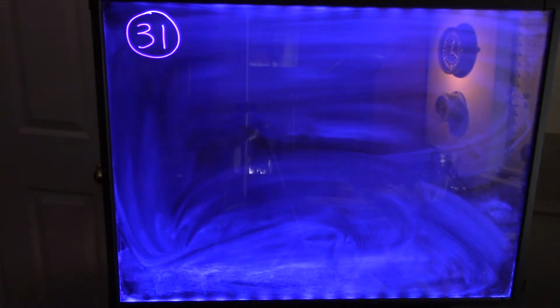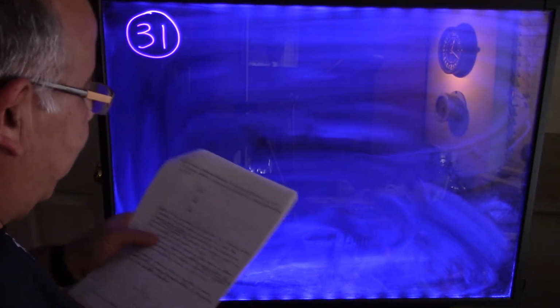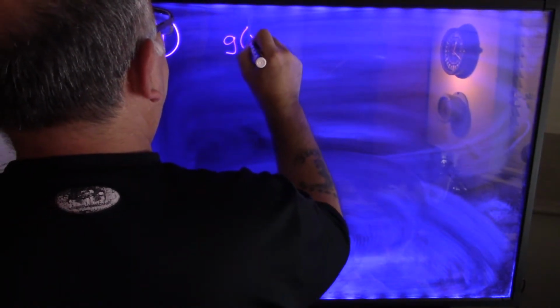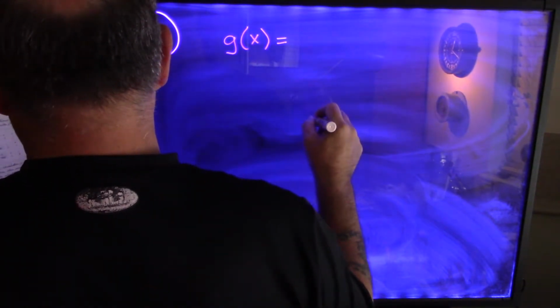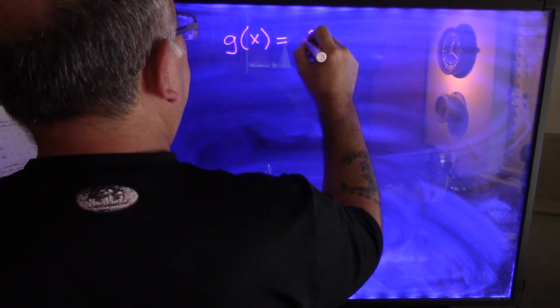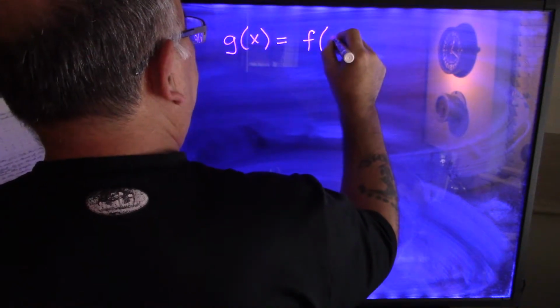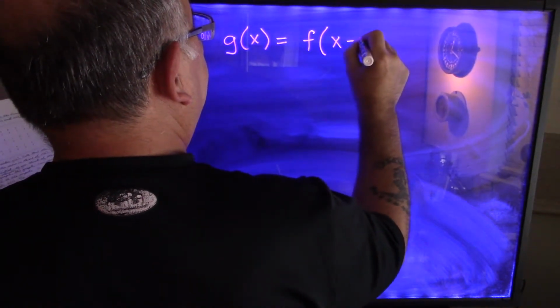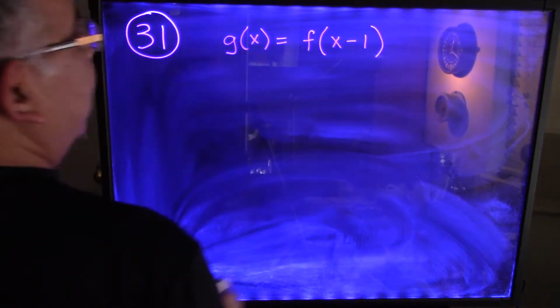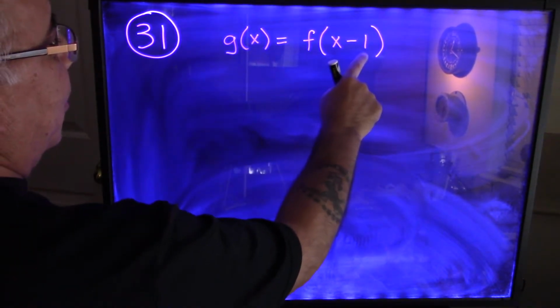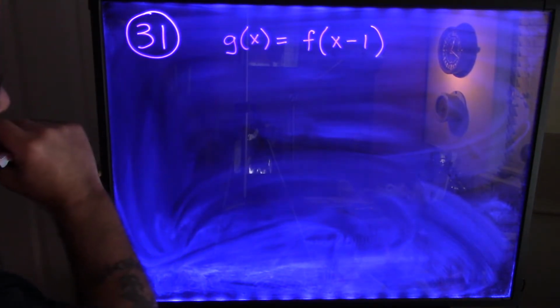Okay, so this is a shift to the right 1 unit. So g of x then is equal to f of, now we're shifting f right 1 unit basically, so x minus 1. Alright, shifting it 1 unit to the right. So you put that next to the x.